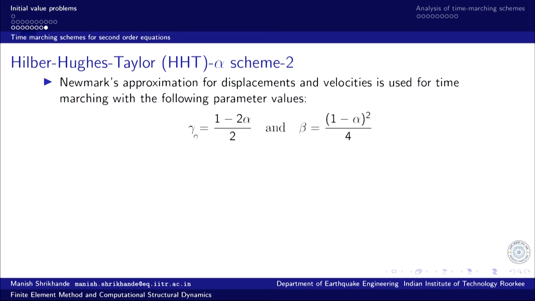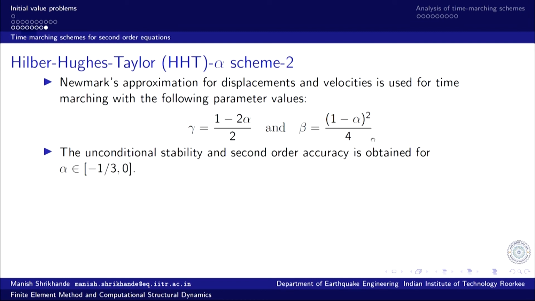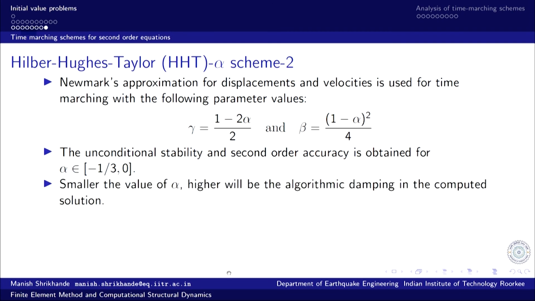The gamma parameter in the Newmark scheme is related to alpha like this, and the beta parameter is related to alpha like this, and for alpha equal to 0 they reduce to constant average acceleration. Unconditional stability and second order accuracy are obtained when the alpha parameter is between -1/3 and 0. The smaller the value of alpha, the higher will be the algorithmic damping in the computed solution.